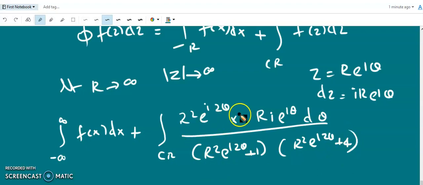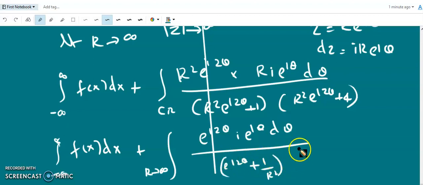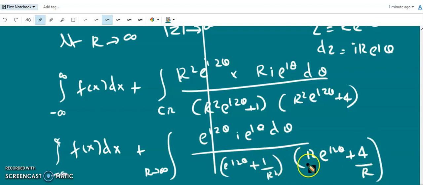So we divide the numerator and denominator by r cube. Here there is r square and here there is r, so r cube is in the numerator, so we can divide. When we divide by r cube, two terms cancel, and here we can divide by an r square, giving e to the power i 2 theta plus 1 over r square. Here only one r remains: r e to the power i 2 theta plus 4 by r.